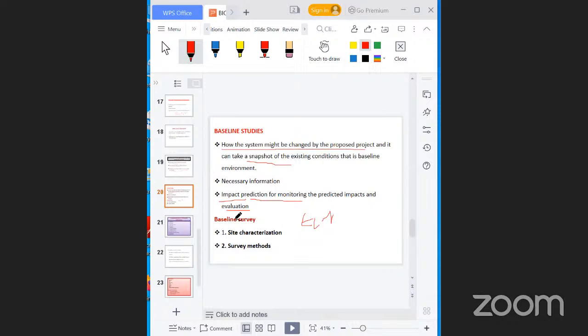So next, we are going to the baseline survey. What are the things to be considered in the baseline survey? Okay. The first one is site characterization and the second one is survey methods, right? So this is the baseline survey methods.